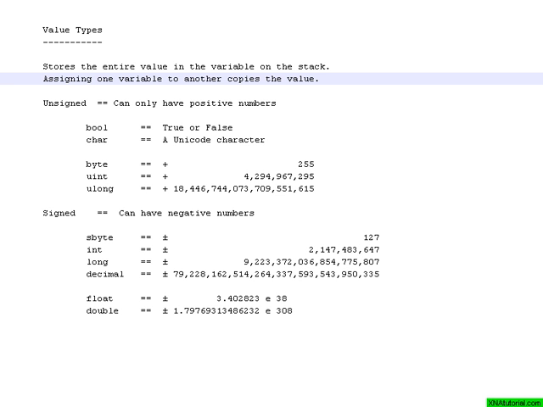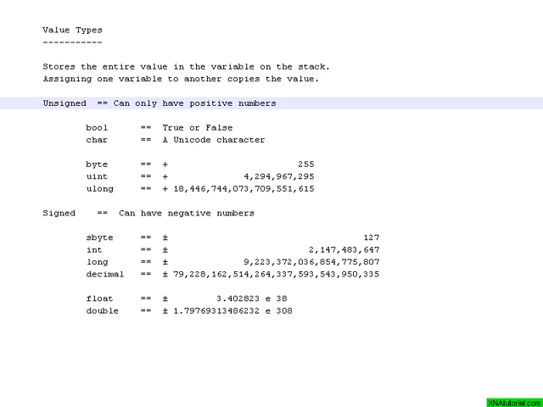So you have the same kind of data in two different variables in two slots on the stack. When we get to reference types, you'll see that they are not the same. But for now, just take that at face value.